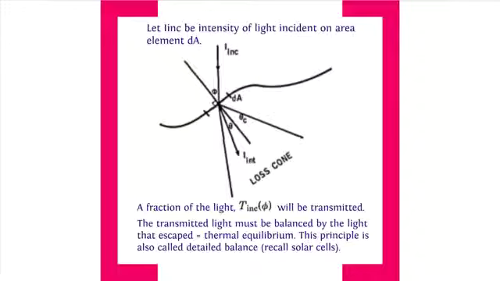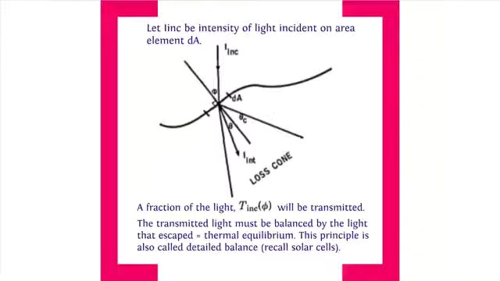So a little bit of light will get reflected, some of it will get transmitted, so that's the transmission efficiency. Now, the transmitted light must be balanced by the light that escapes, which we call thermal equilibrium. So we're talking about everything where the transient behavior has died down, so it's under thermal equilibrium with the surroundings.